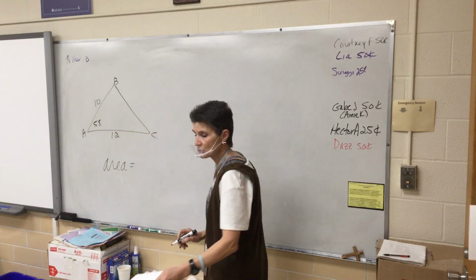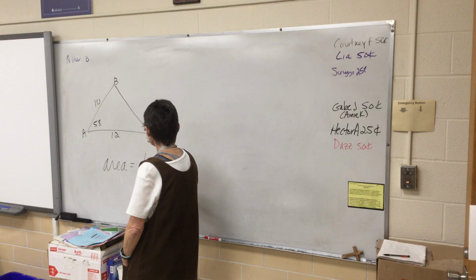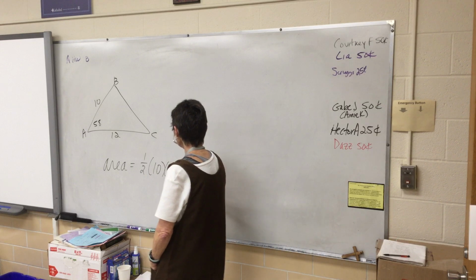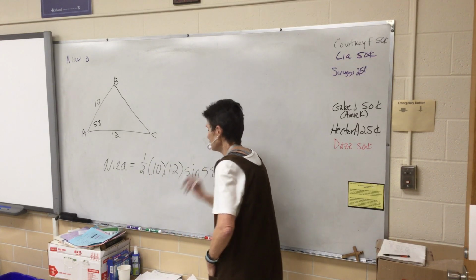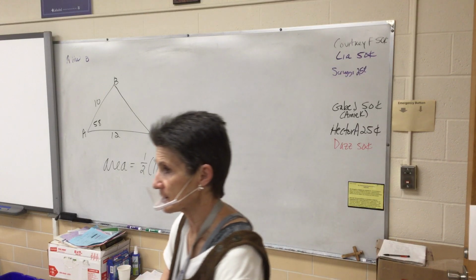The area of this triangle, watch: 1/2 times 10 times 12 times sine 58. That's it. I don't have to do any work. I just type it in.